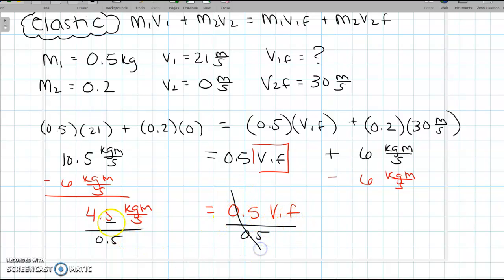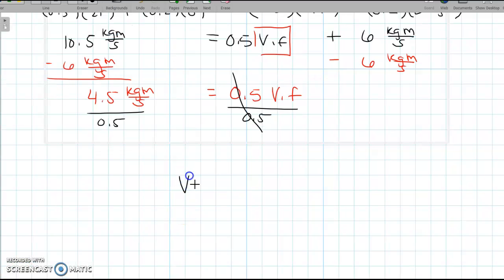So this cancels out here, and I take 4.5 and I divide it by 0.5. All right, so V1F is equal to 4.5 kilogram meters per second divided by 0.5, and so that is going to give me 9 meters per second.